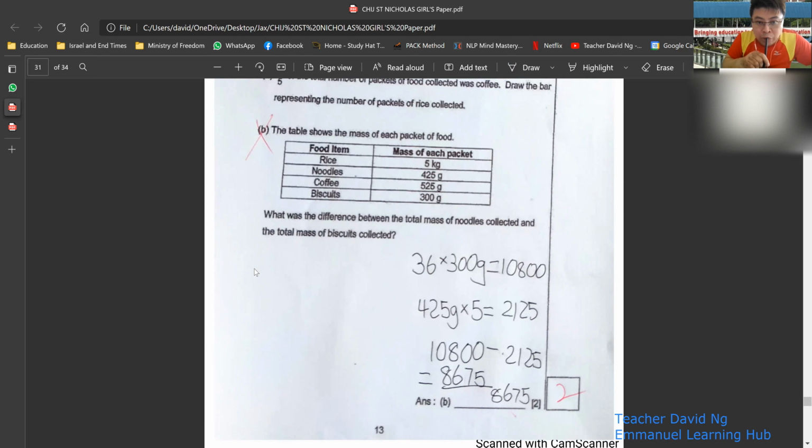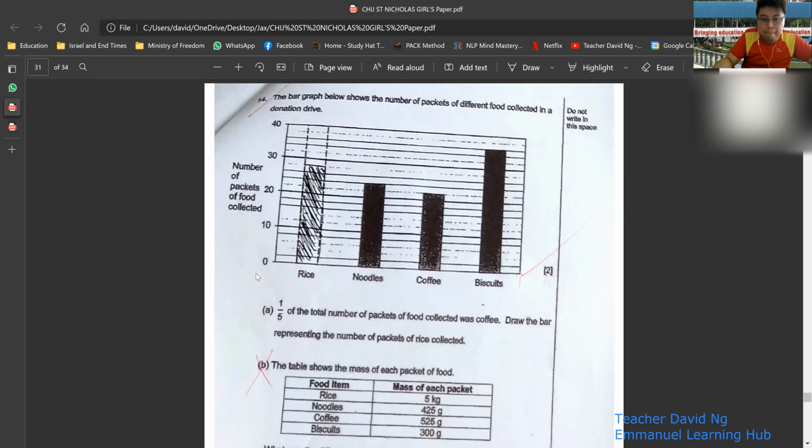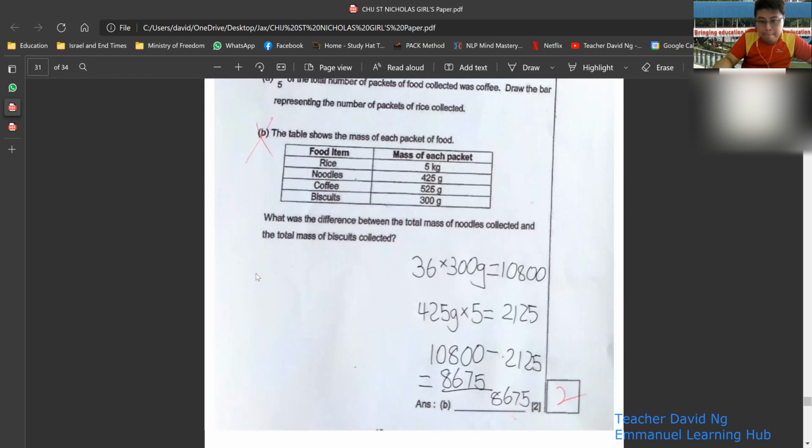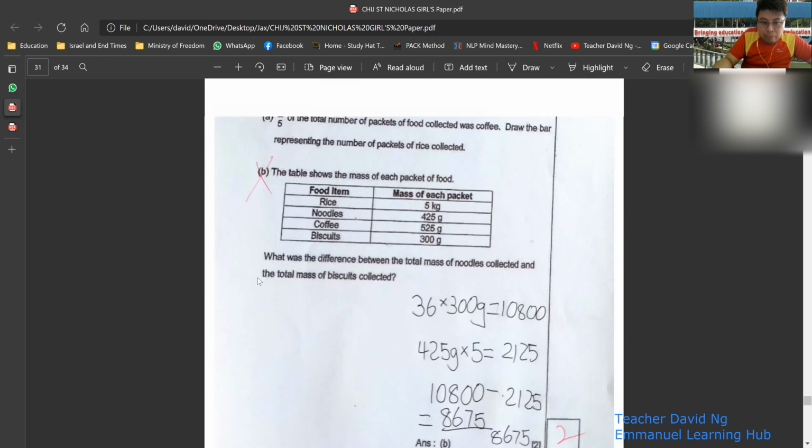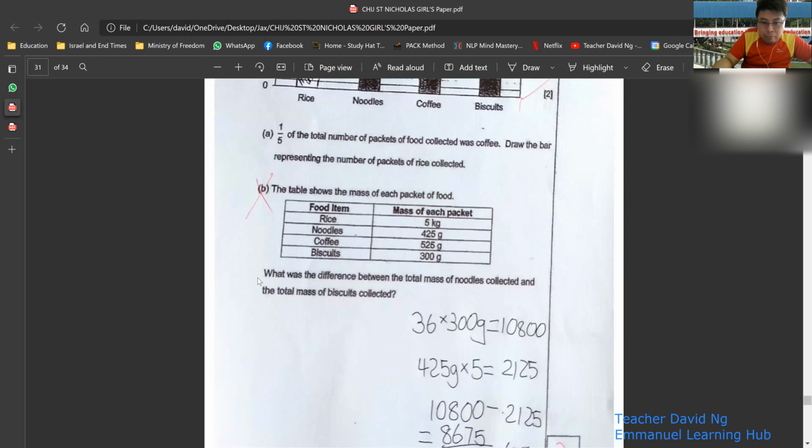Why do you use 425 times 5? I see the question wrongly. I thought the question is asking for the total mass of noodles collected and the total mass of the rice. So I read the biscuits as rice. So I take 425 times 5.